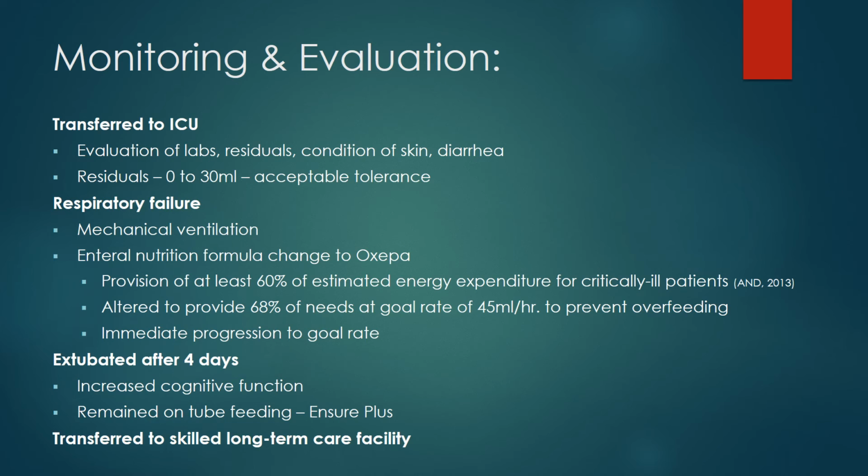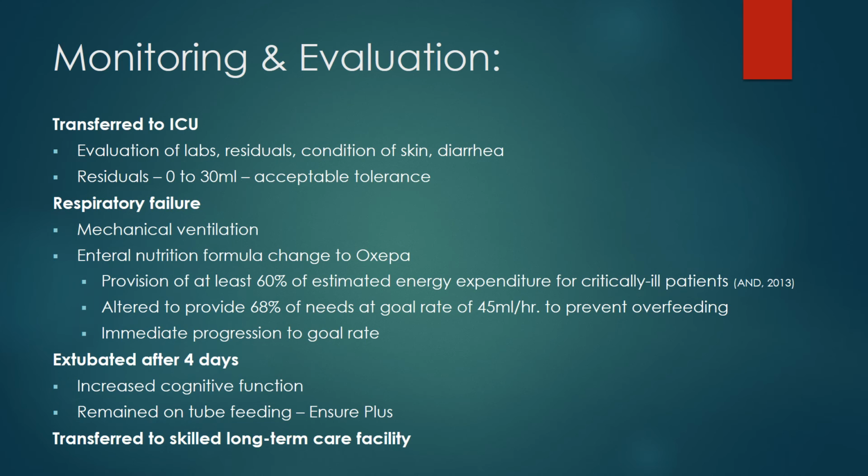This continued to be provided to the patient for a period of 4 days, and then after that time, the weaning protocols were put into place to extubate the patient, and she increased her cognitive function.